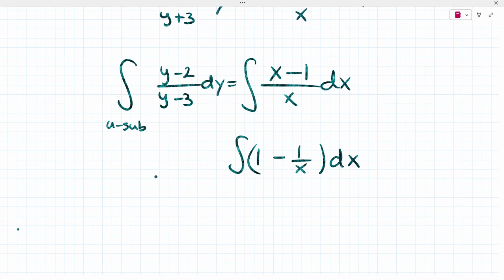I'm going to use substitution, and I think I'll use... wait, before I do use substitution, I think I would have to do long division or synthetic.